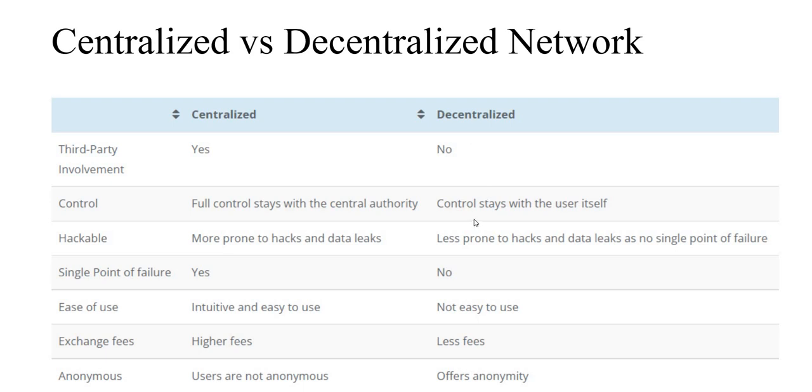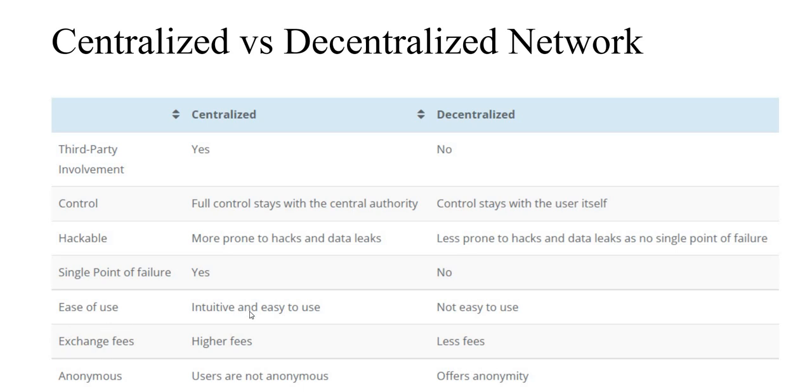However, in decentralized, control stays with the user itself. Hackable: it is more prone to hacks and data leaks in a centralized system, while in a decentralized system it is less prone to hacks and data leaks as there is no single point of failure. Single point of failure: yes in centralized, no in decentralized.